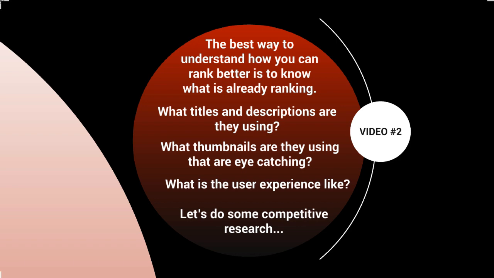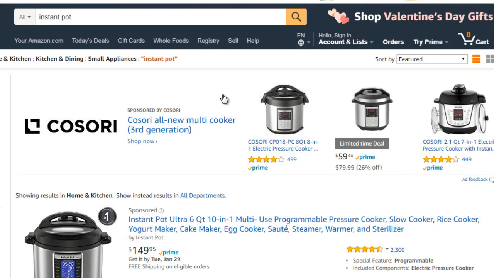So let's go ahead and do some competitive research. To make sure we find YouTube videos that actually relate to promoting a product, I'm going to pick a product out of the blue.